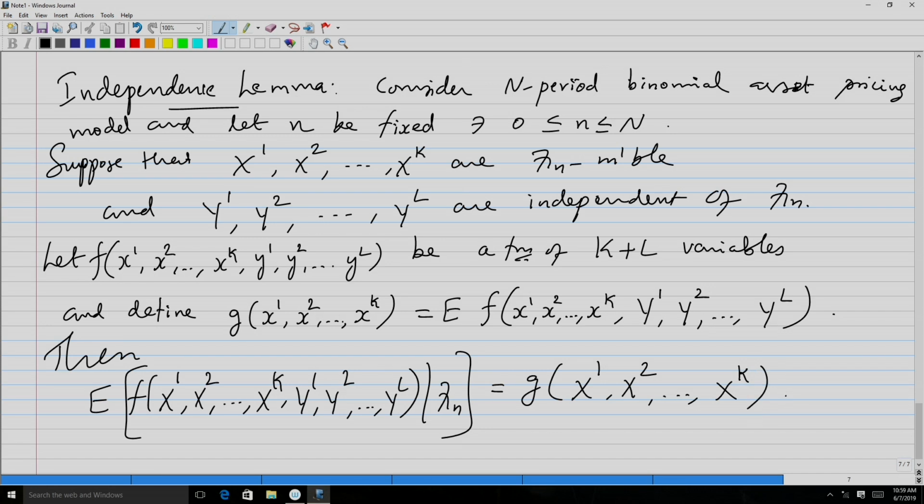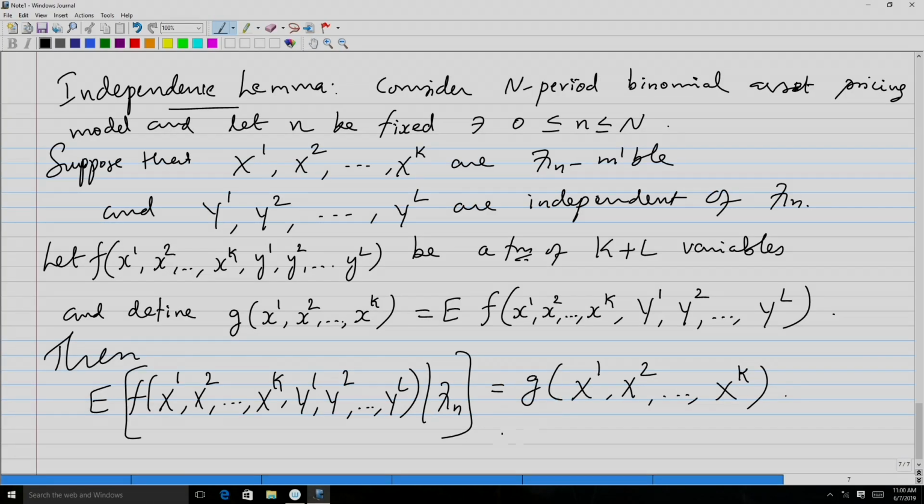Okay. Let us try to understand what this tells. You have some k random variables which are Fn measurable, and some L random variables which are independent of Fn. Now, ultimately what you want to find is the conditional expectation of a function of these k plus L random variables.